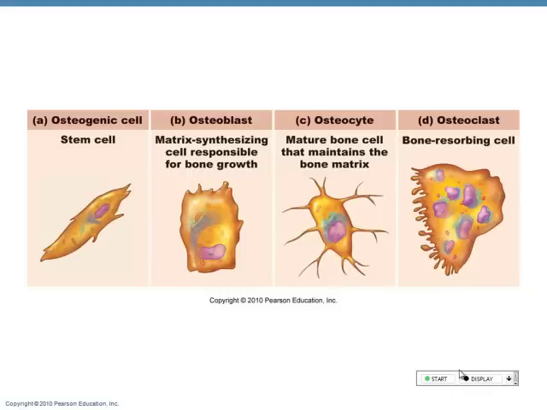But when they get the signal, a hormonal signal, to increase calcium levels, and we're going to talk about that when we talk about the endocrine system, that cell's going to morph into an osteoclast, squeeze out of the circulatory system, and go start breaking down bone matrix.